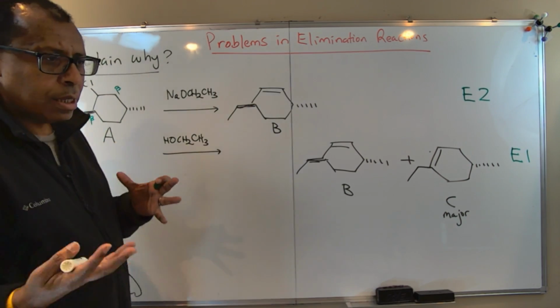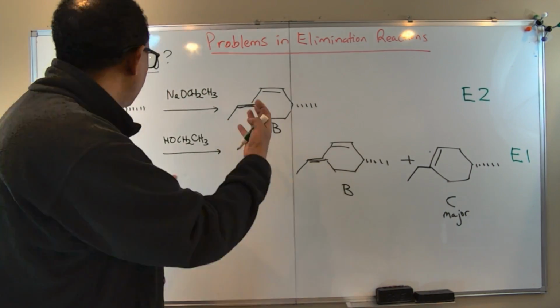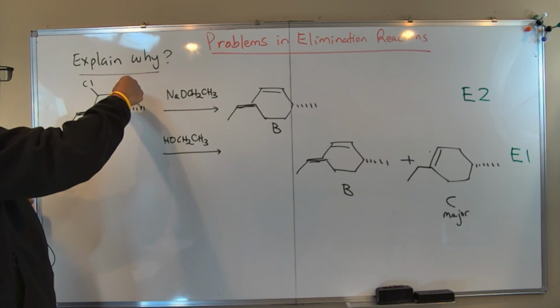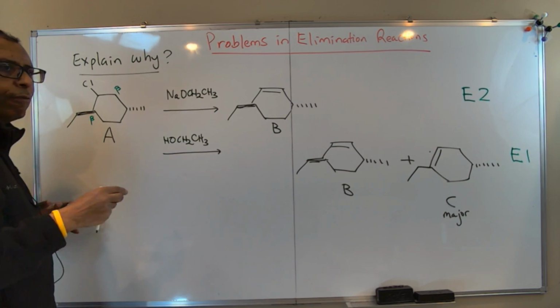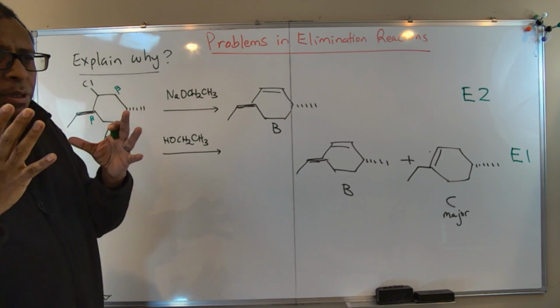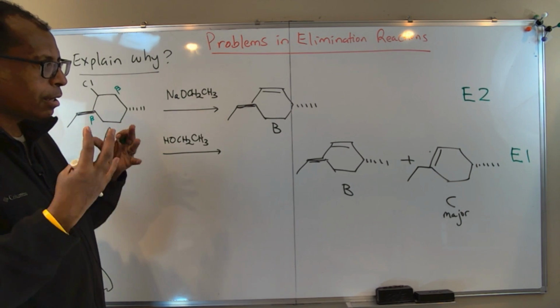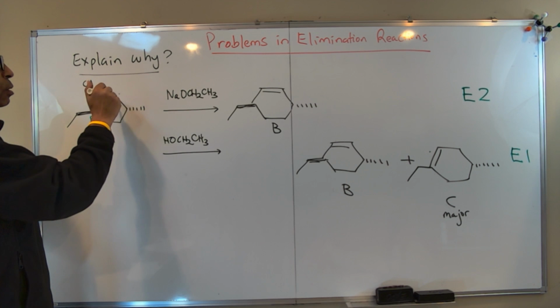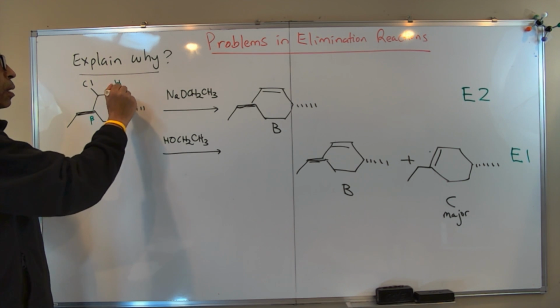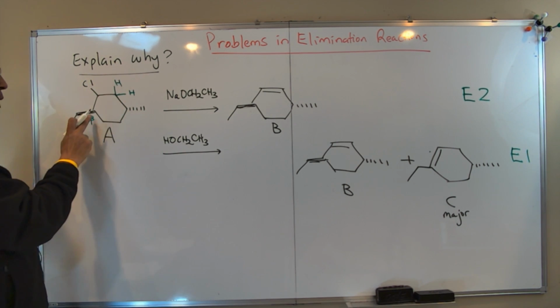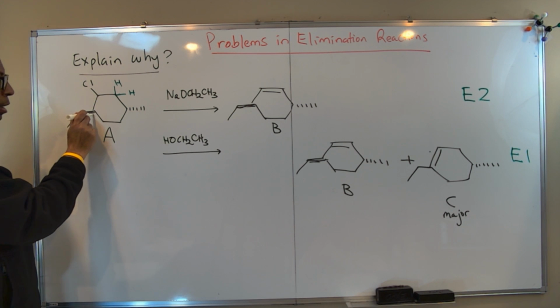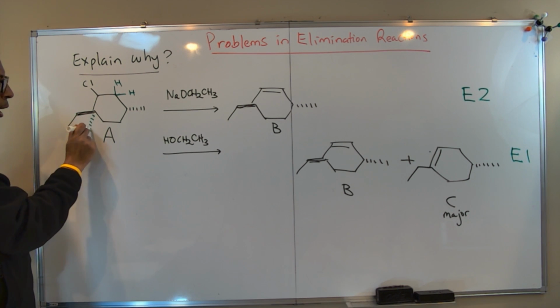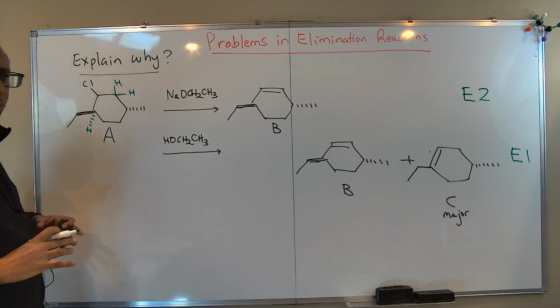What it says is that when the base comes in and tries to pull, it always picks the less crowded hydrogen. If you have these two hydrogens here, and this beta carbon has one hydrogen inside here, it's behind this large group.